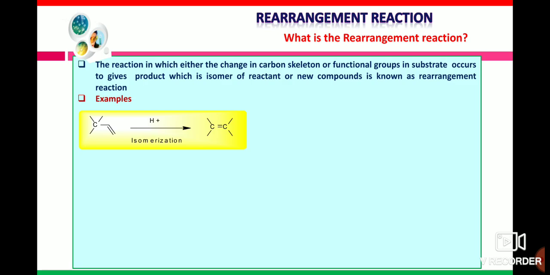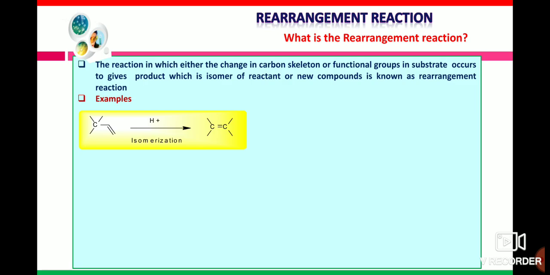If migration of a group occurs from one atom to another atom in the same molecule, this type of rearrangement is known as intramolecular rearrangement reaction. And if migration of a group occurs from one atom to another atom in a different molecule, this reaction is known as intermolecular rearrangement reaction.